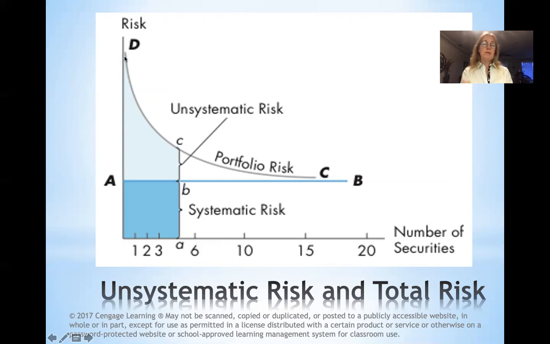So let's say, for example, a stock had an expected return, an average return, of say 15%, but a standard deviation of 20%. That would mean that if you were within one standard deviation, on average, you would make 15% plus or minus 20%.